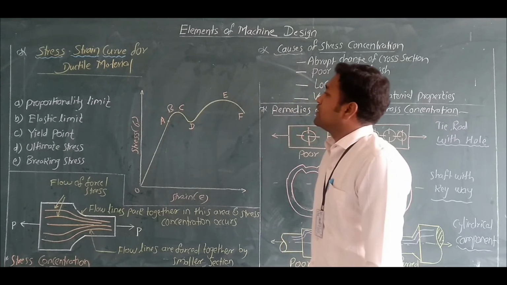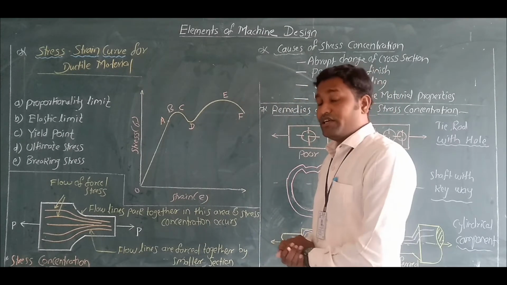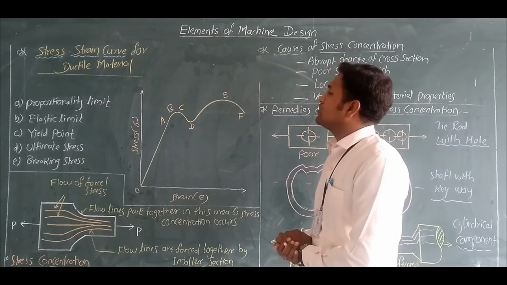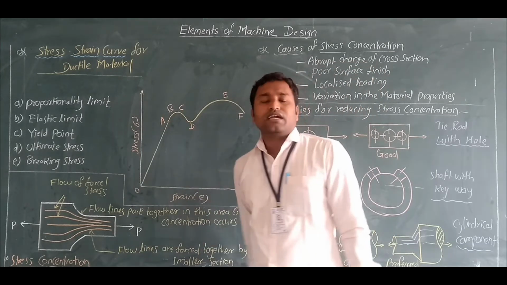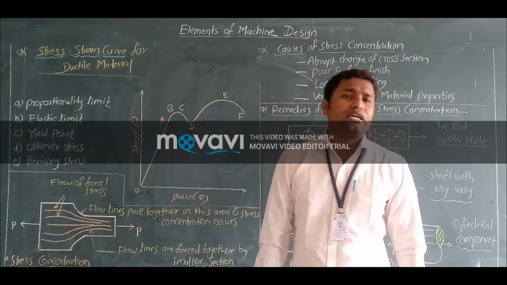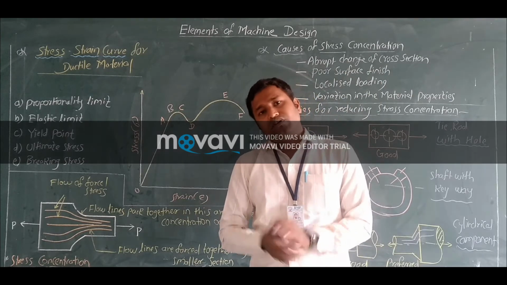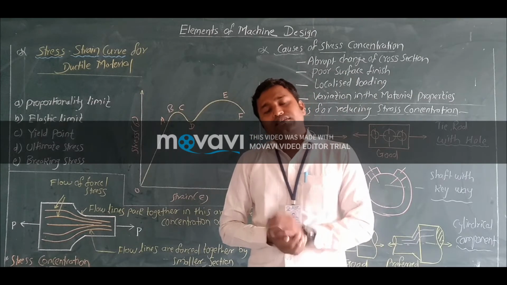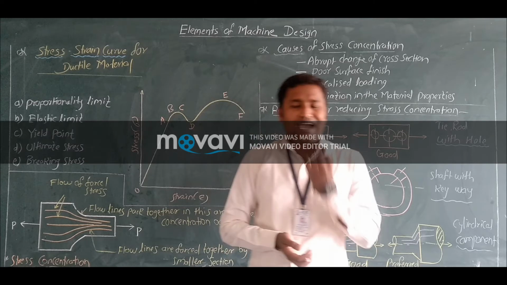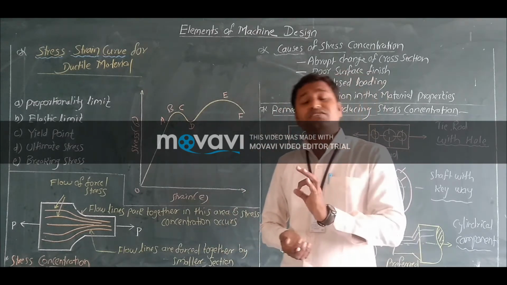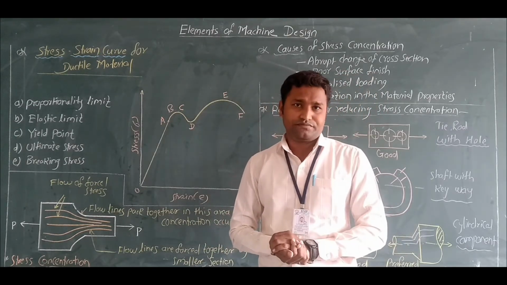Then after, you see the yield point. In that you see C and D, the upper yield point and lower yield point. At this point, the material requires higher stress for higher strain.